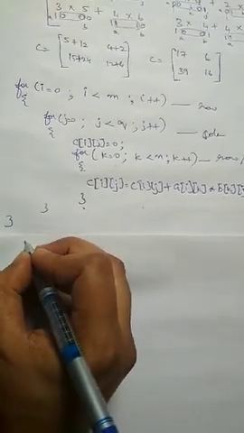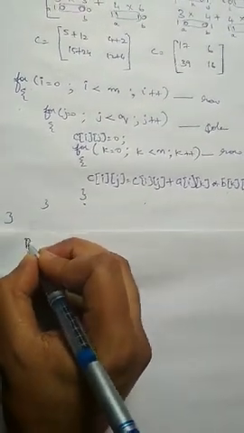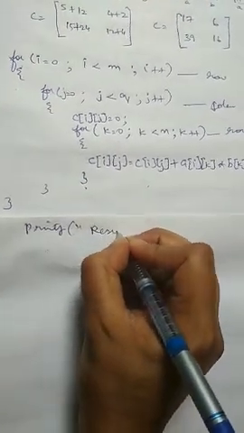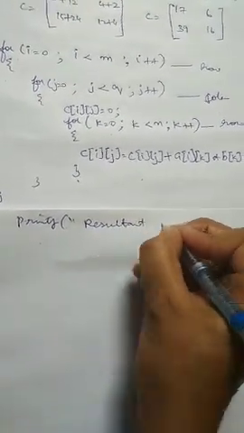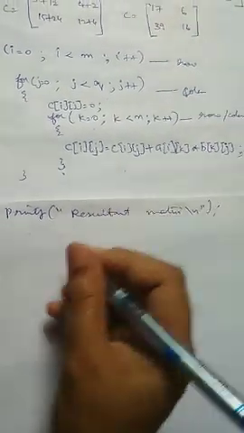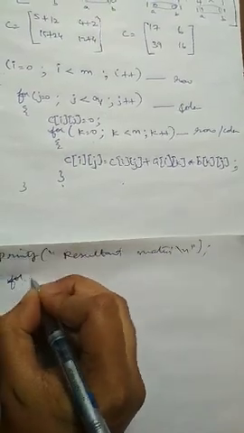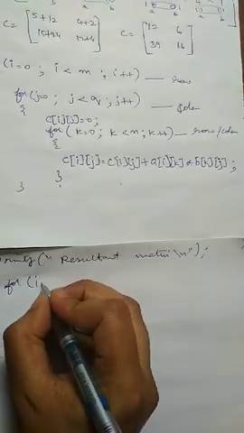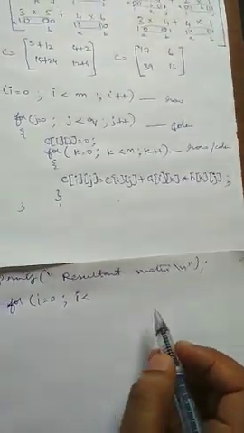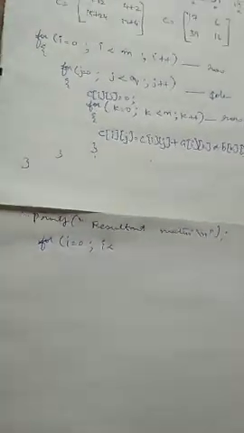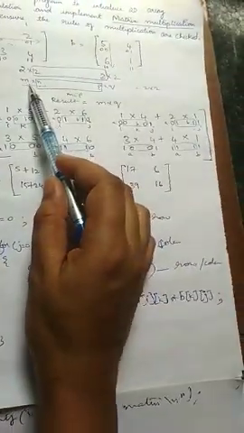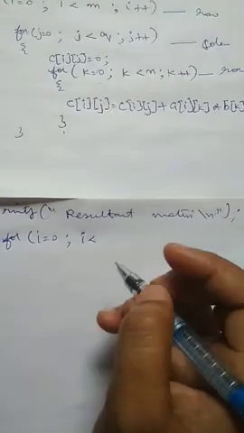So we can print the resultant matrix. Printf, resultant matrix. Again we require two for loops. So I is equal to 0, I is less than, what should it be? The resultant matrix will be of the form M cross Q, so M rows.